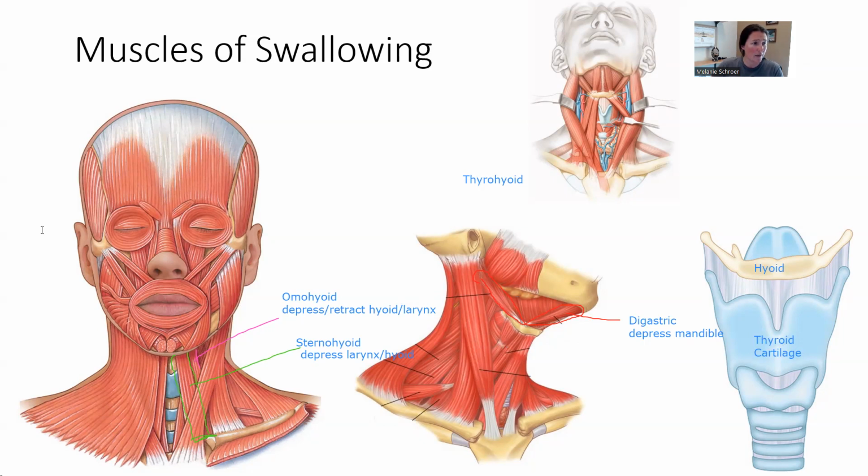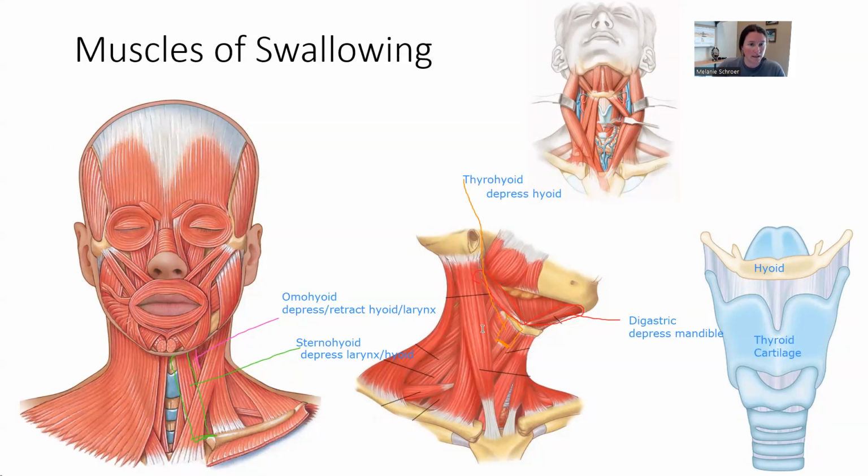So this muscle is right here, originates on the thyroid cartilage, extends all the way up to the hyoid bone. So this is the thyrohyoid muscle. And this one is responsible for depressing the hyoid.